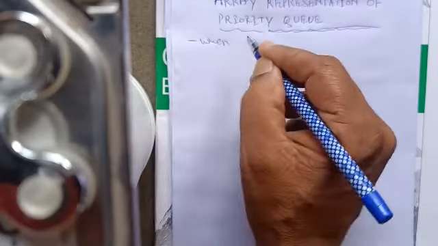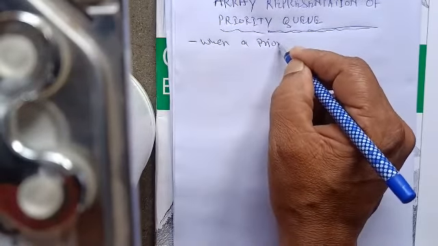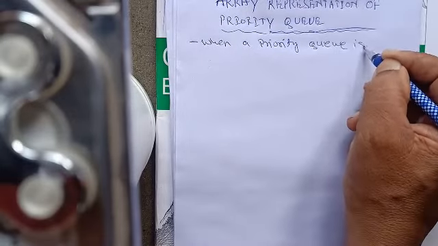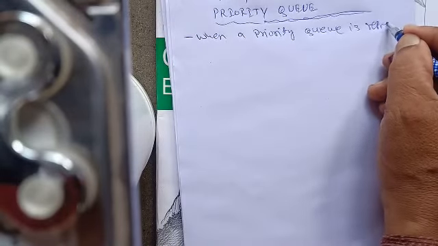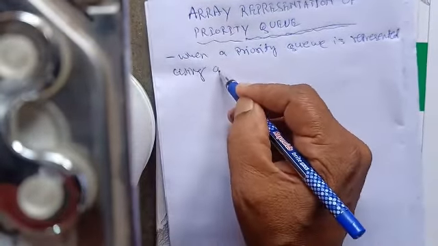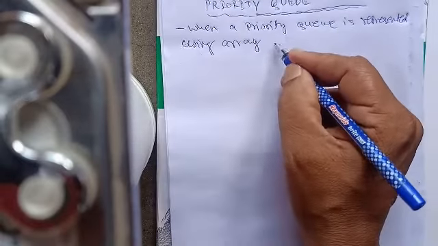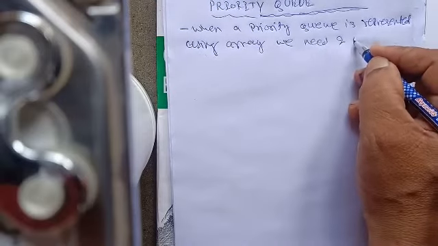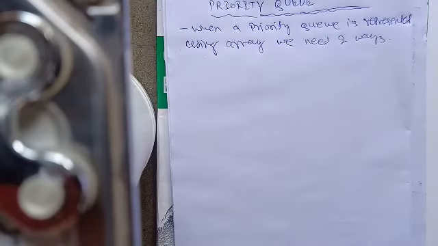When a priority queue is represented using an array, we have two methods, or two types of representation.